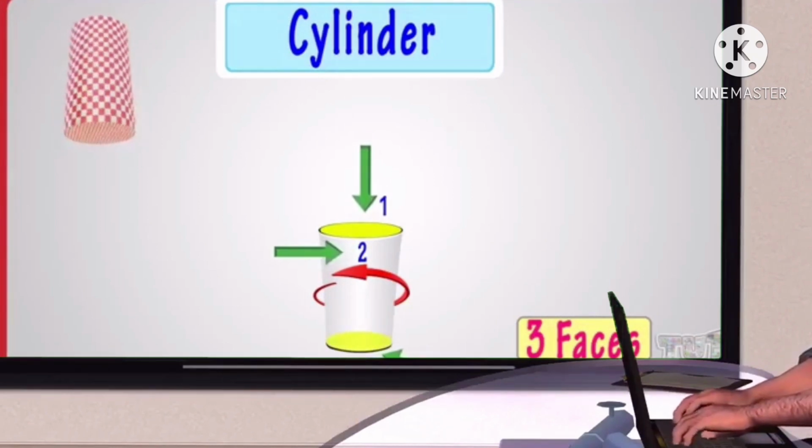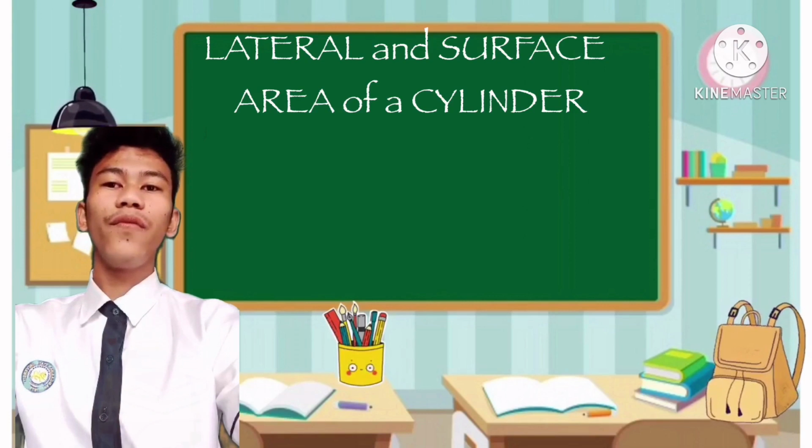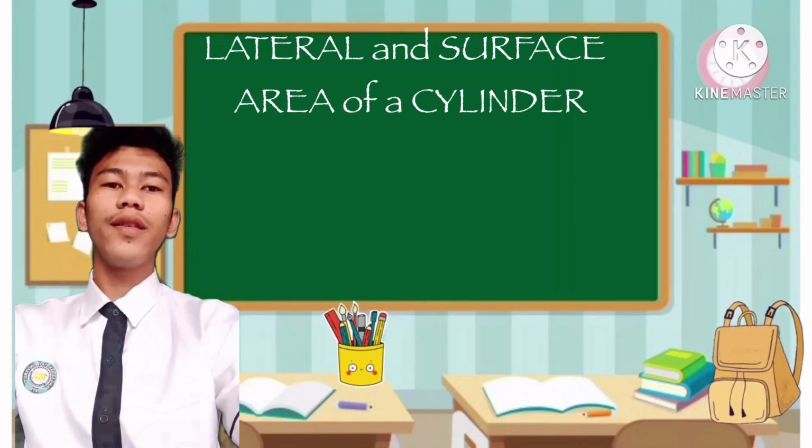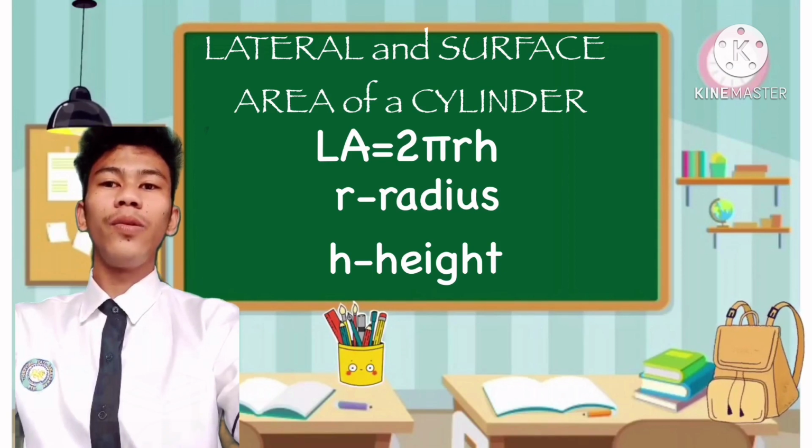And that's the cylinder. Now, he will introduce to you the formula of a cylinder. The solution to find the lateral area of the cylinder is lateral area equals 2 pi multiplied by radius and multiplied by height.